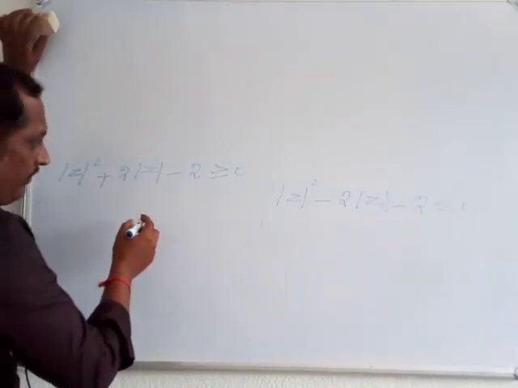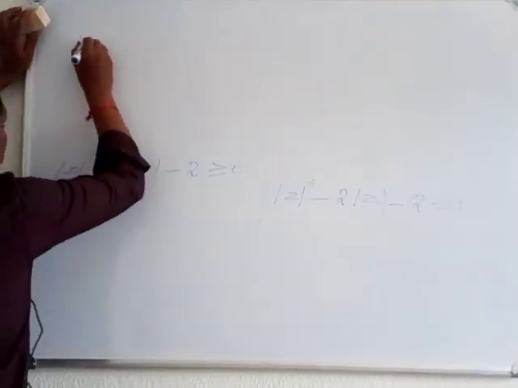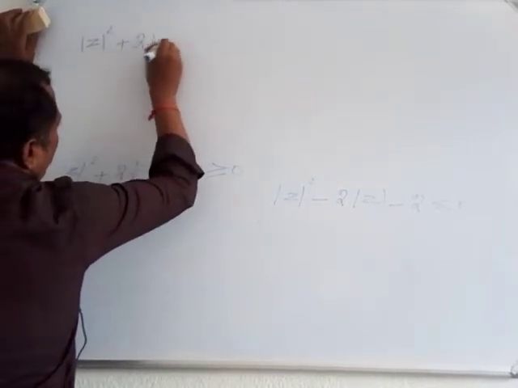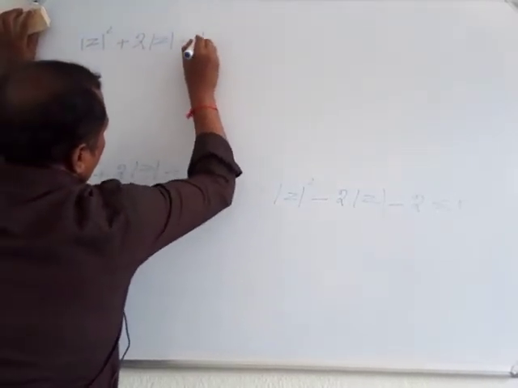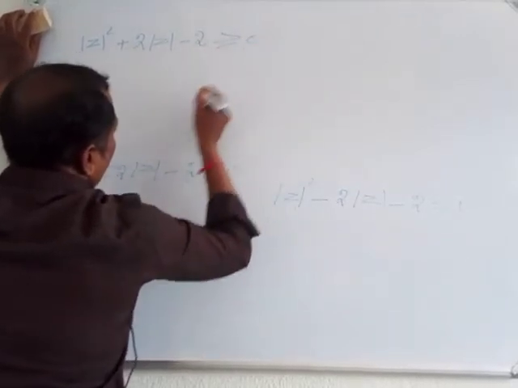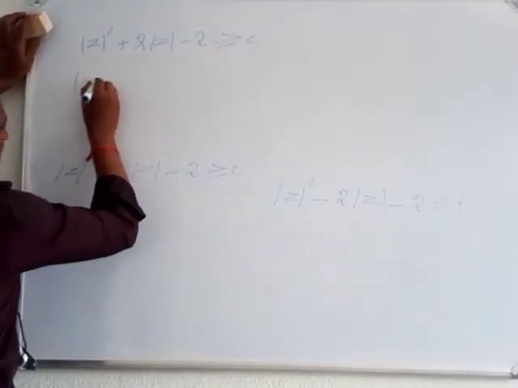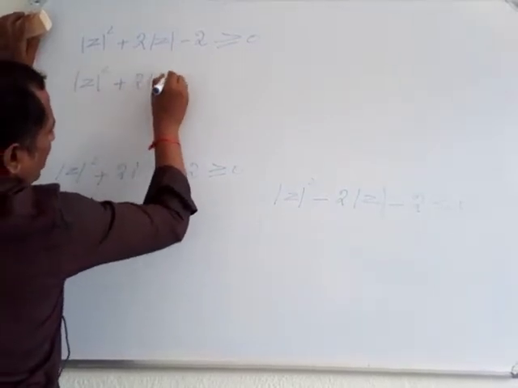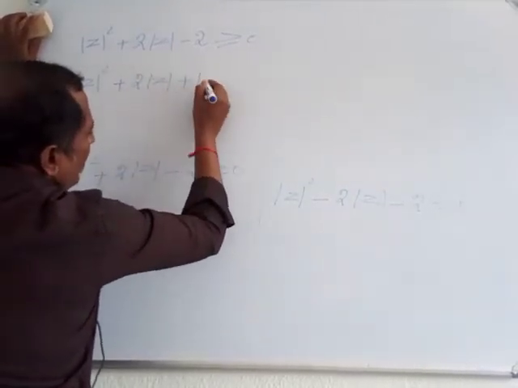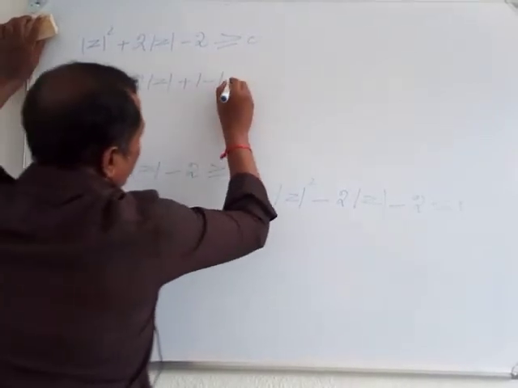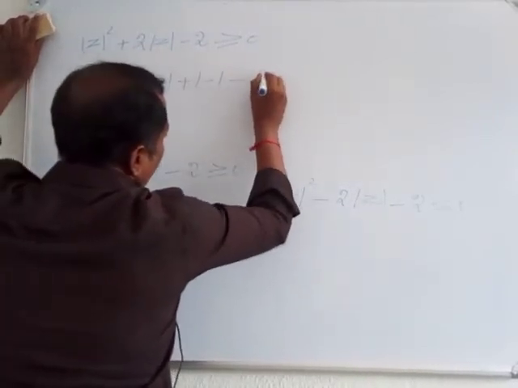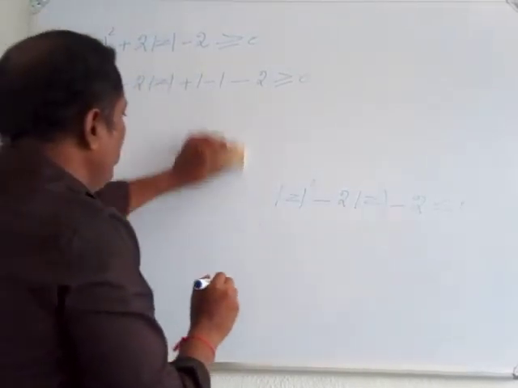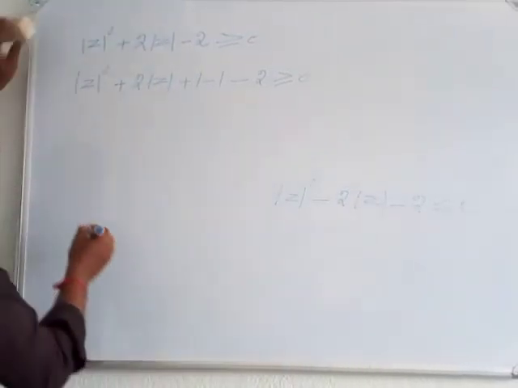From the first one, it is modulus of z squared plus 2 times modulus of z minus 2 is greater than or equal to 0. So this implies modulus of z square plus 2 times modulus of z, adding plus 1 and subtracting minus 1 to this term, we get this term is also greater than or equal to 0.